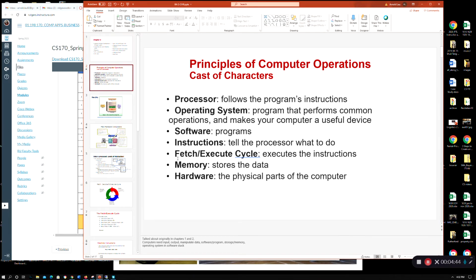And then there's this idea of the fetch and execute cycle. The fetch part is going to get what I need to process. Number one, I need to get the instruction for the processor to know what to do next, otherwise it doesn't know what to do. So you have to fetch the information to say, I want you to add these two numbers together.